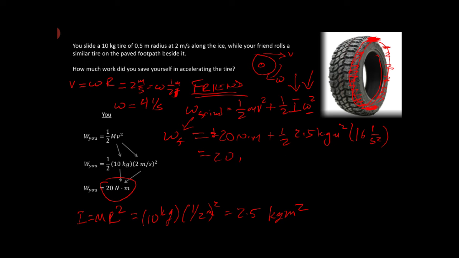So we have 20 Newton meters plus 1/2 times 16 is 8, times 2.5 gives us 20 Newton meters. And so we have the happy accident that both the rotational and the translational energy that your friend has to impart are the same number. It doesn't have to be that way, but it happens to be that way here. So we have 40 Newton meters.